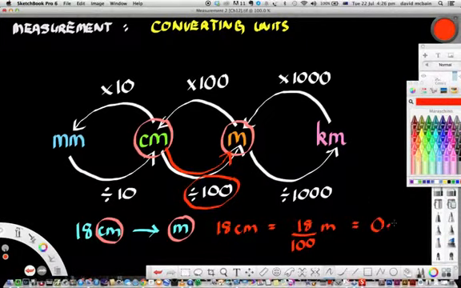So that's 0.18 meters. Therefore 18 centimeters on your ruler is the same distance as 0.18 of a meter. They are the same distance. So that's an example of how we can convert distances in different variations of the metric system. Okay, so next video we'll be talking about perimeter and area.